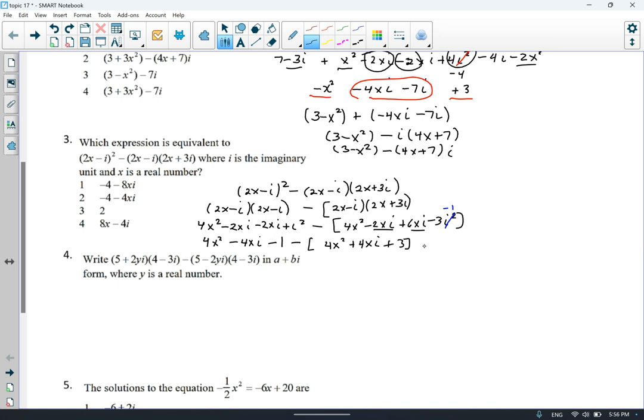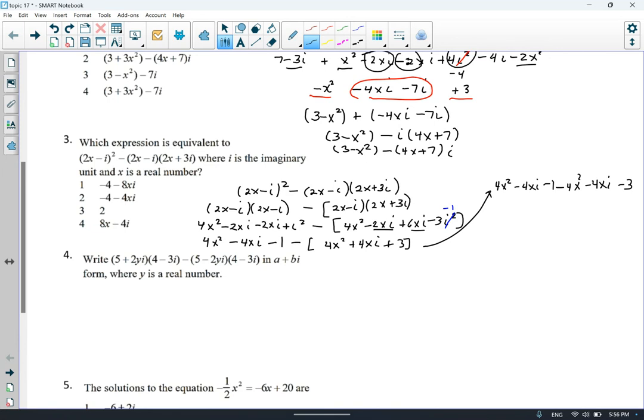Now we go ahead and distribute, and we get 4x squared minus 4xi minus 1 minus 4x squared minus 4xi minus 3. Okay, we're getting there.